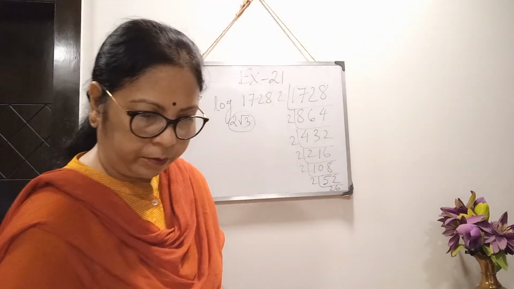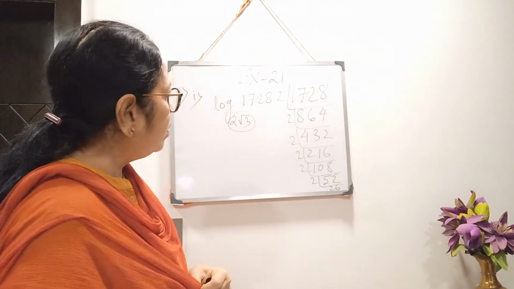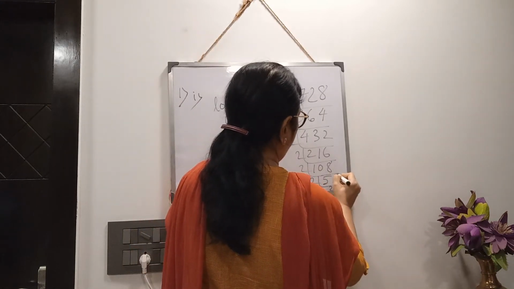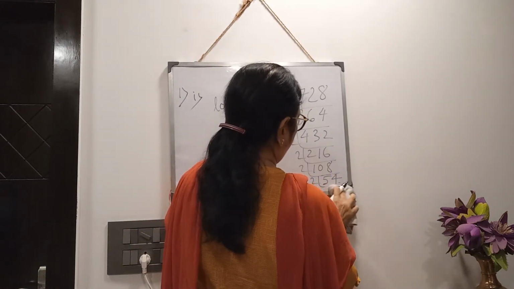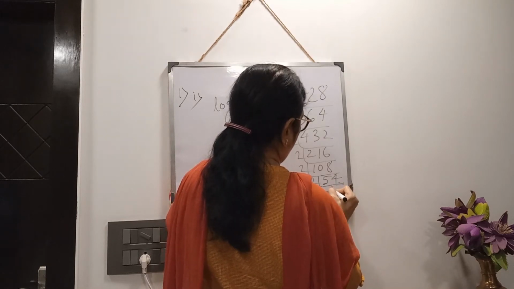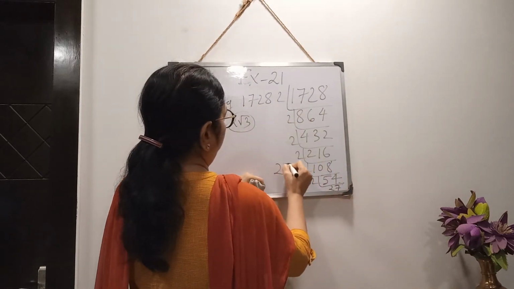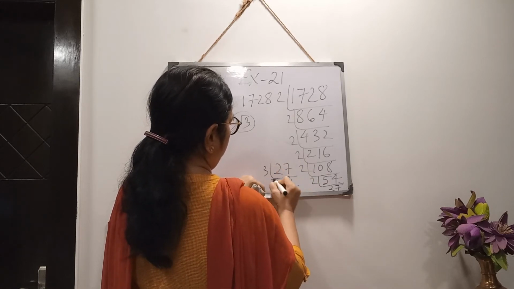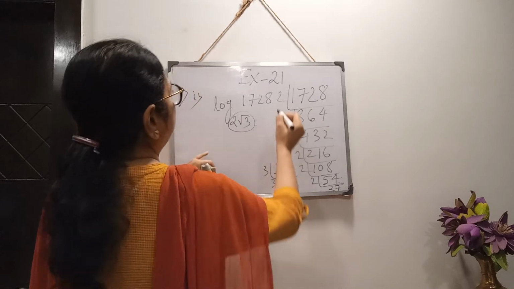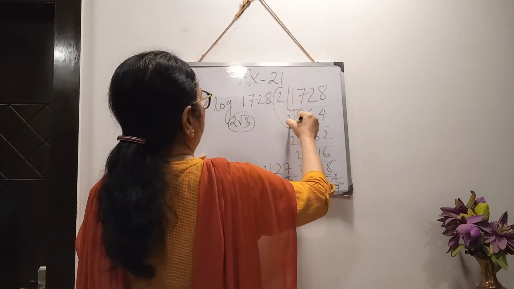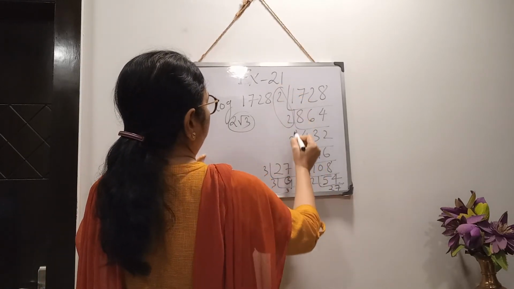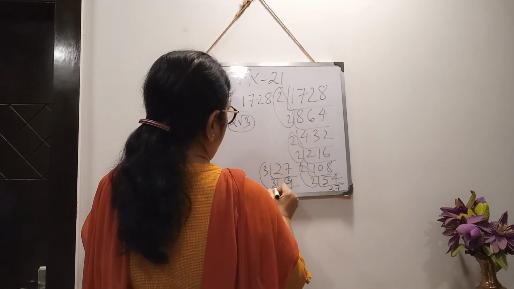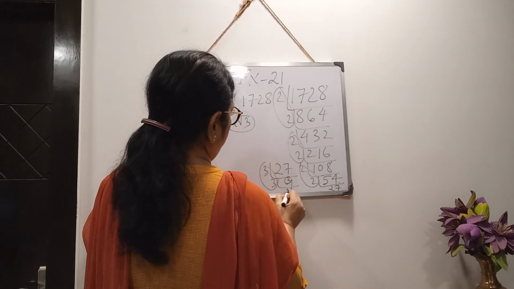There is no space. 27 I am doing here. Okay, rest of the parts. So see how many 2's we can pair: 1, 2, 3, 4, 5, 6. And this is 3, 3.